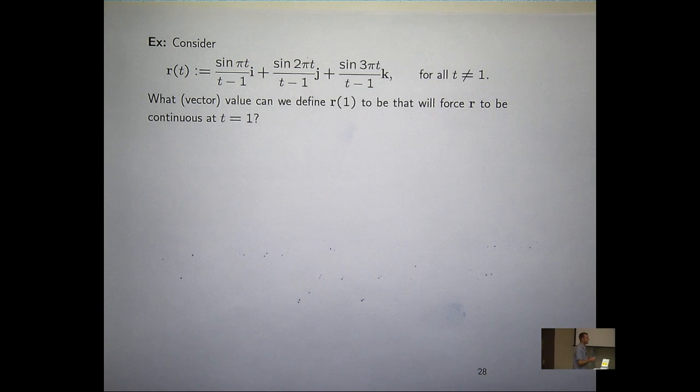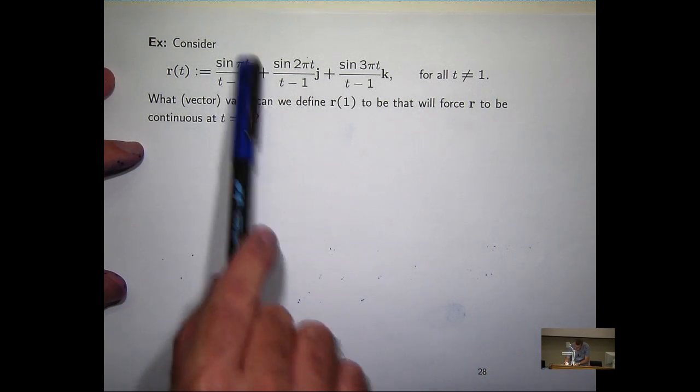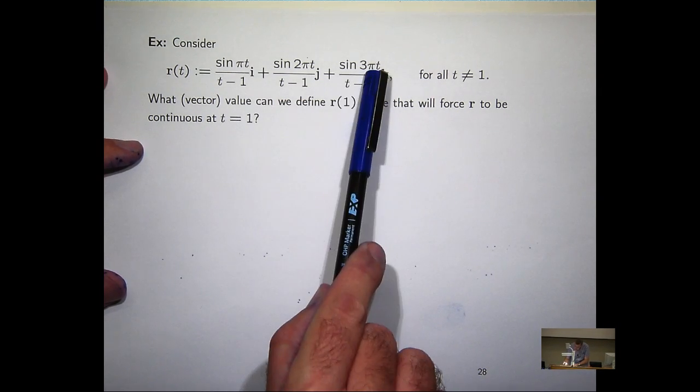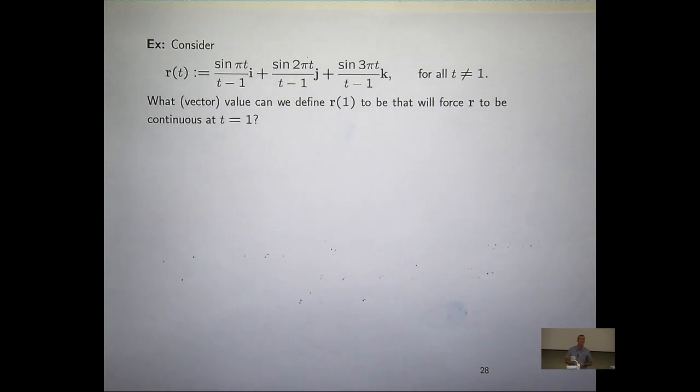Make them all the same, and then use that as the definition for r. So let's take the limit as t approaches 1 of each component, and if they exist, let's make that the definition of r of 1. That's what you're saying, right? Yeah, good, thanks.